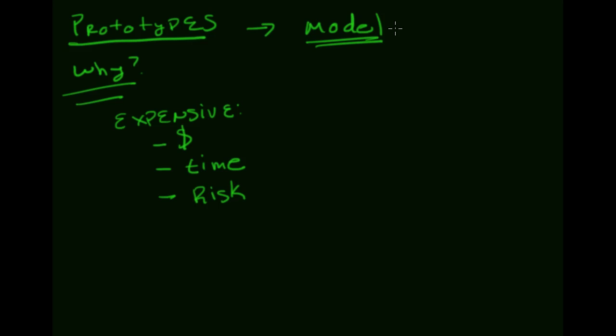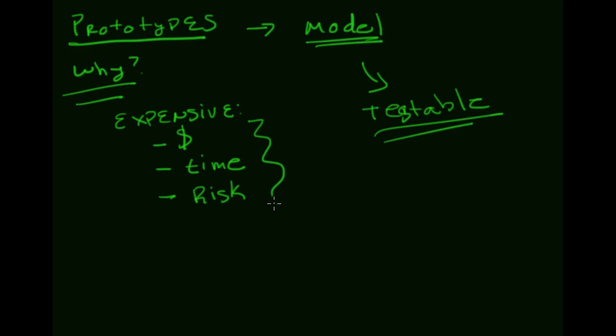It doesn't need to be a complete design. It should use minimal resources, but it should be able to give us an accurate test. So it has to be testable, right? It shouldn't be a full-on solution because a full-on solution is going to be expensive with money, time, and risk, but it has to be testable. And in order to be testable, you have to be able to accurately measure something using it.